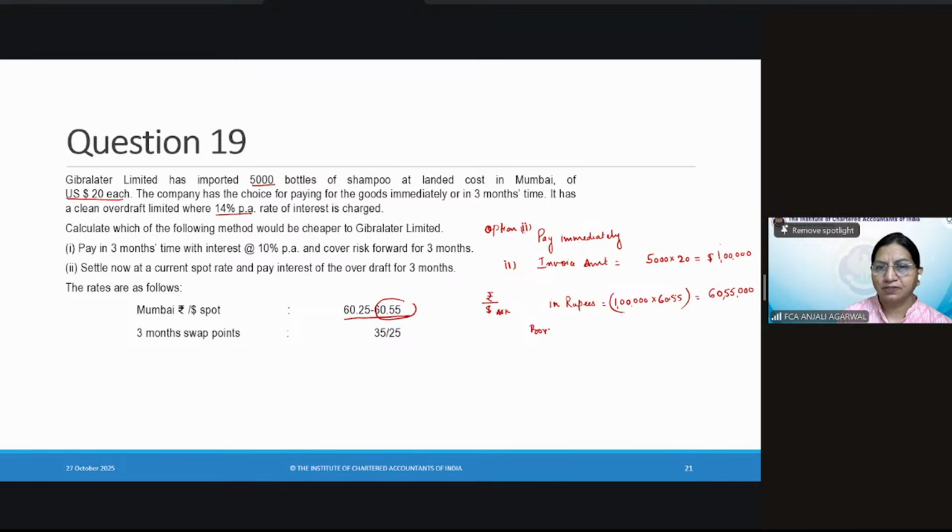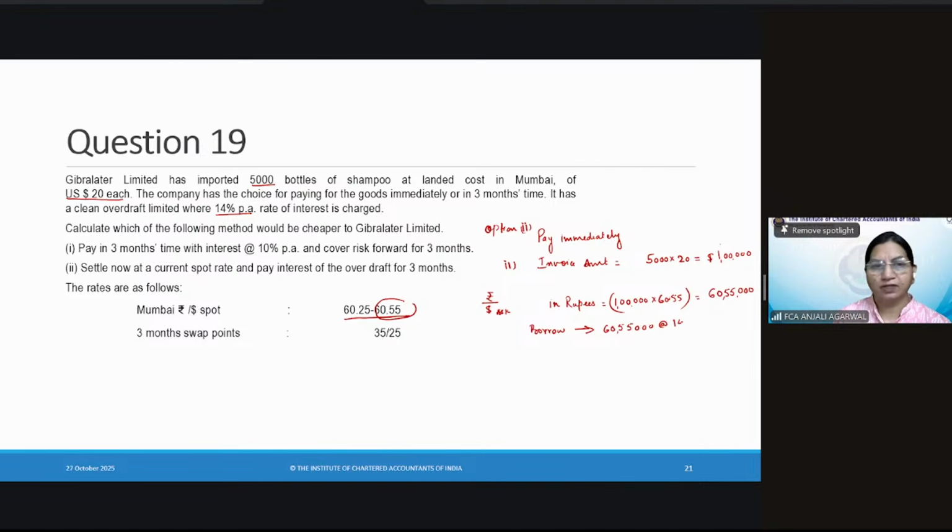So the problem is, if we want to make the payment now, we don't have it. So we borrow it and compare the interest it will cost us. So borrow 60 lakh 55,000 from the bank at 14% per annum interest.